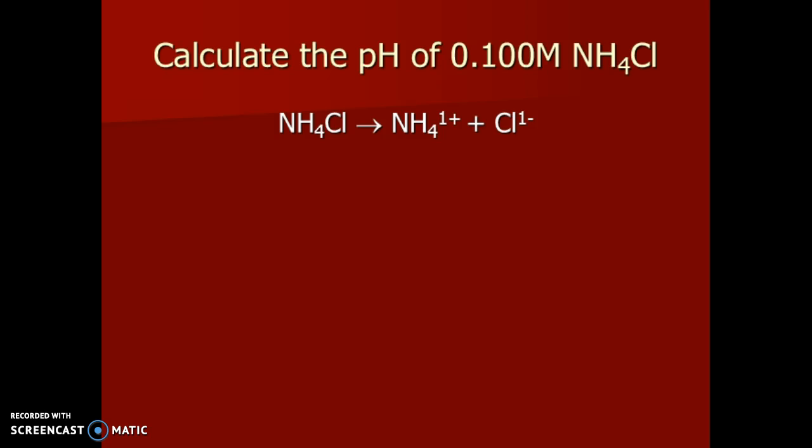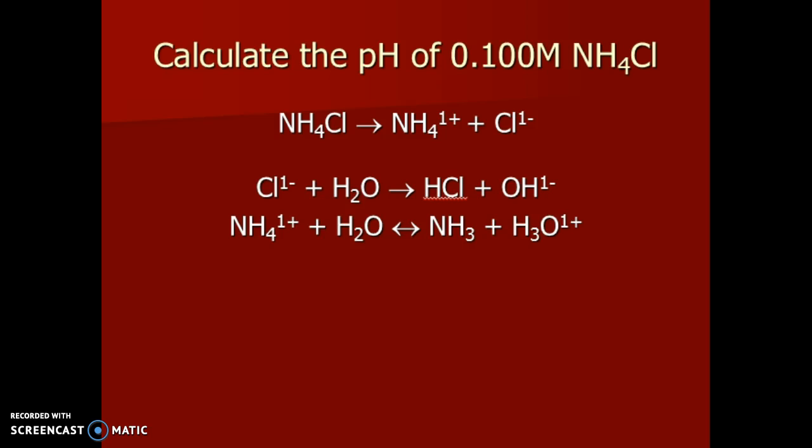ion and chloride ion. Now I have two hydrolysis equations that are possible, and I wrote those two on the screen for you. The chlorine, wanting to neutralize its -1 charge, may decide to take away a hydrogen from the water, forming hydrochloric acid and hydroxide. Now we know that that's not going to happen. Hydrochloric acid, because it's a strong acid, completely falls back apart again, and it doesn't allow for that reaction to occur.